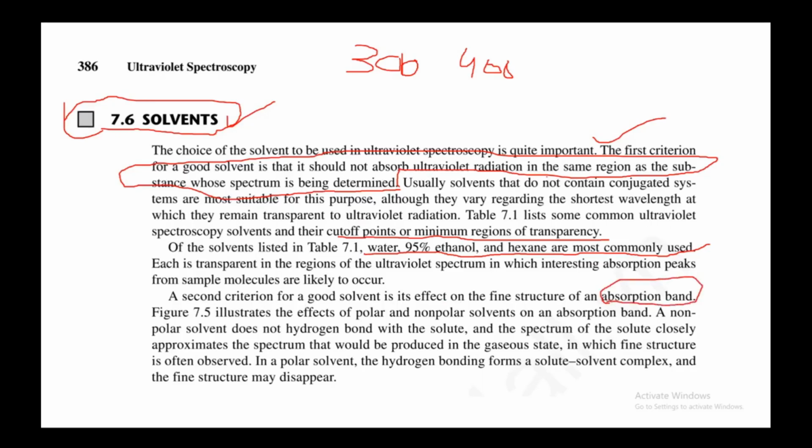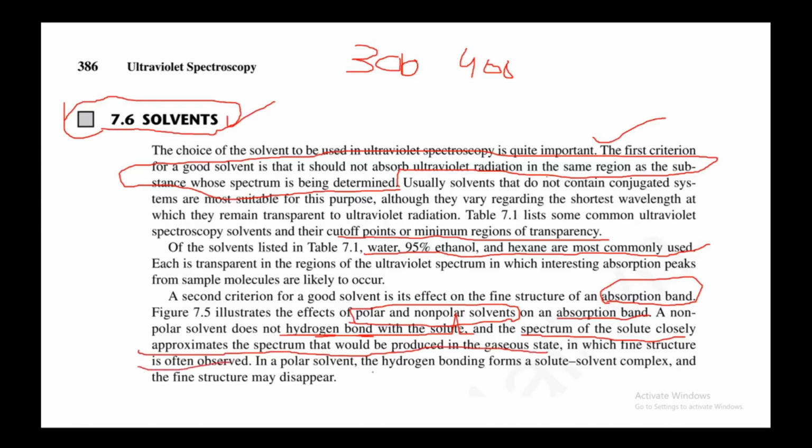That is the second important quality of a solvent. Figure 7.5 illustrates the effect of polar and non-polar solvents on the absorption band. As you know, solvents could be polar and solvents could be non-polar. A non-polar solvent does not hydrogen bond with the solute, and the spectrum of the solute closely approximates the spectrum that would be produced in the gaseous state, in which fine structure is often observed.